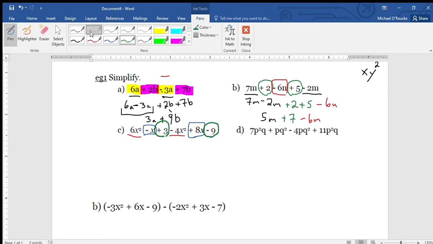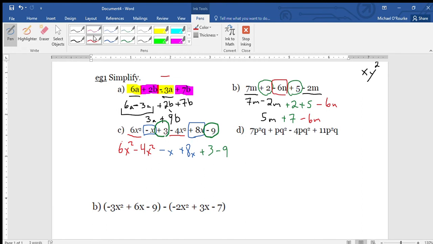And I can rewrite them. I have 6x squared minus 4x squared. I have minus x plus 8x. And lastly, I have plus 3 minus 9.